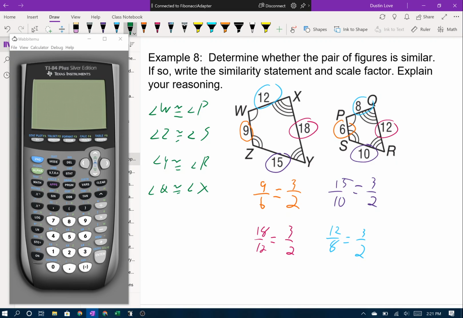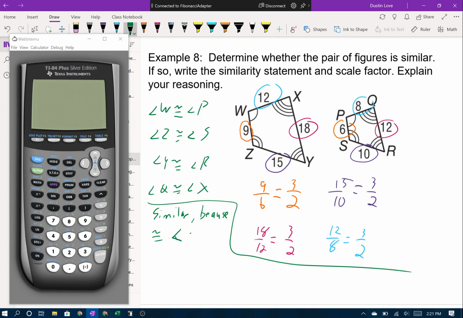And the reason is because they have congruent corresponding angles and proportional corresponding sides. It also asks for the scale factor. My scale factor is the reduced fraction of the sides, which is 3/2.